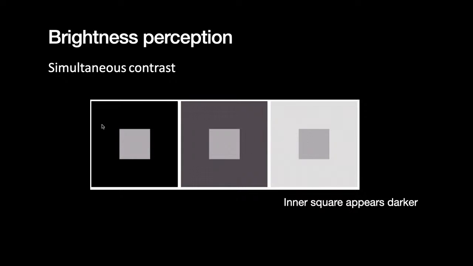But their boundaries are different. This one is in a darker boundary, so it looks much more intense. This is in a lighter boundary, so the same thing looks dark. That is the brightness perception of the human eye.